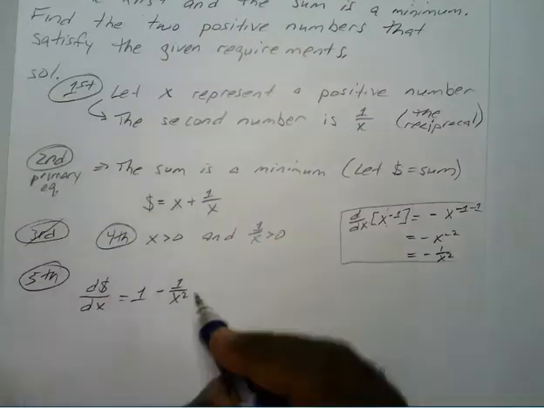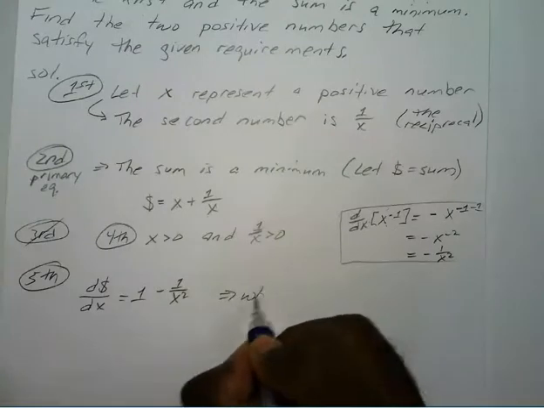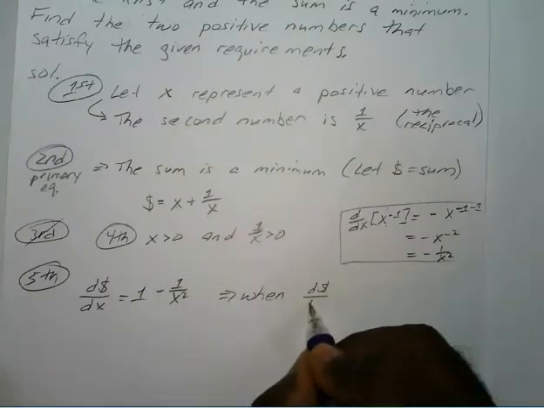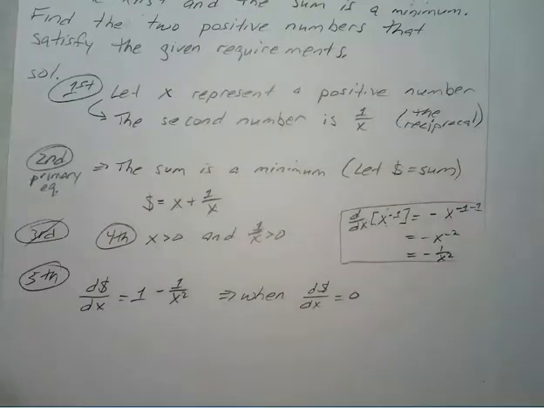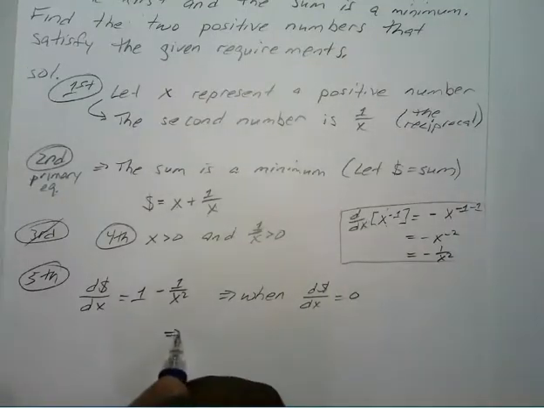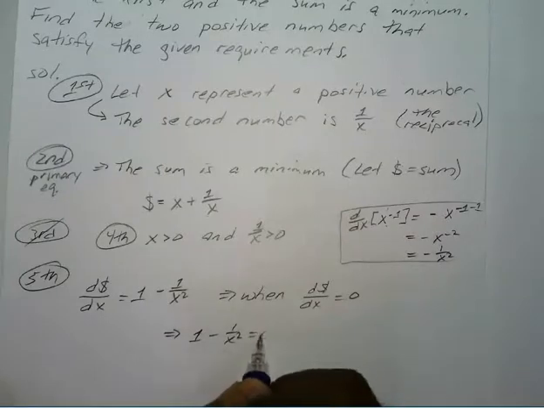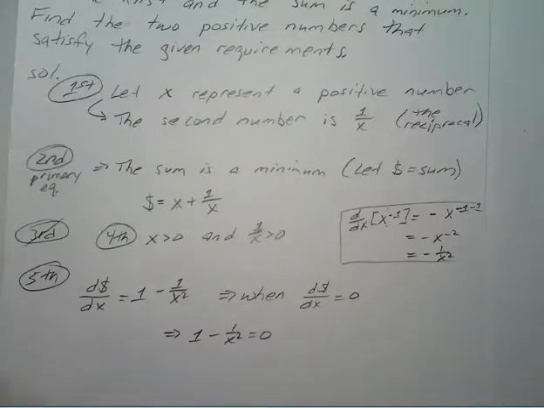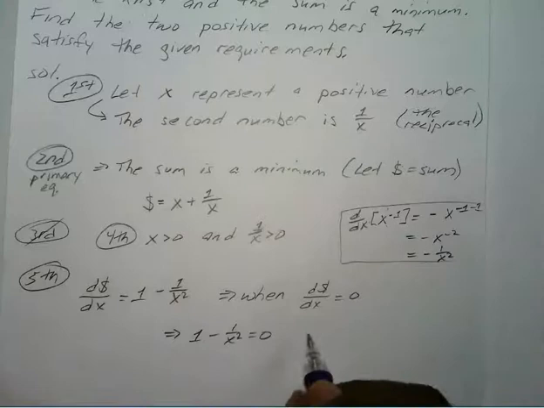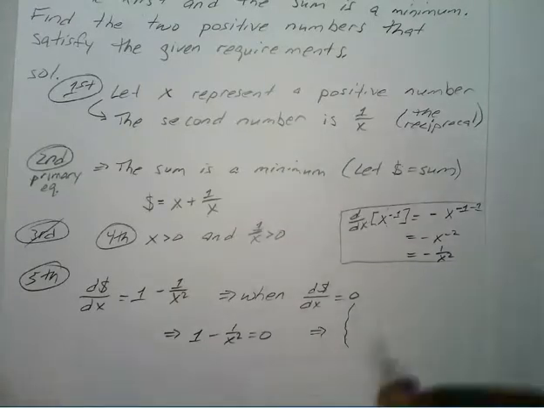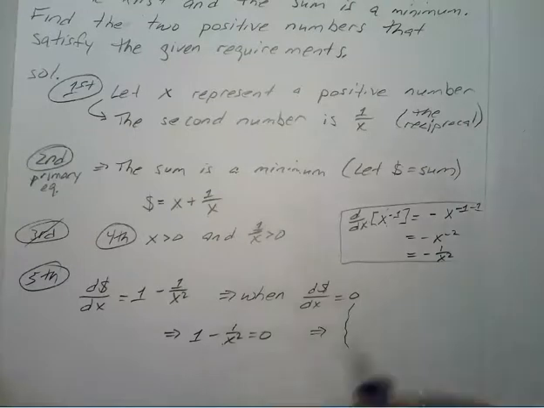All right, so we see there that when the derivative of s with respect to x is equal to 0, that just means that 1 minus 1 over x squared is equal to 0. All right, so if we go ahead and solve that, I'll just solve that in the steps over here. We add 1 over x squared to both sides.